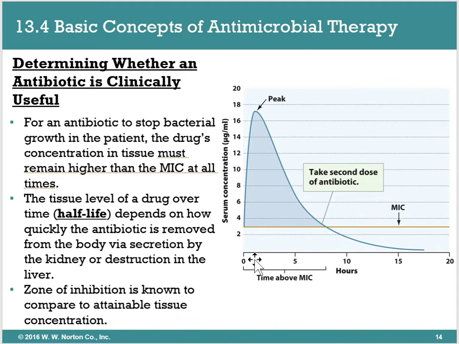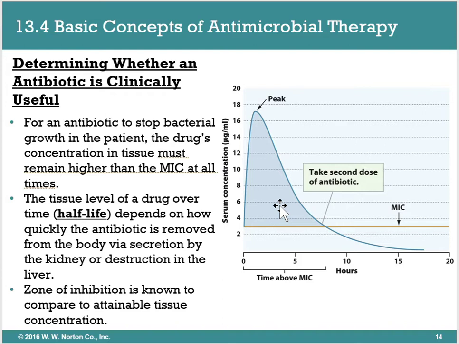You get a peak of antibiotic, but then slowly as your body metabolizes it, around hour 5 or so, you have minimal to no antibiotic therapy anymore. So that is why you take another dose so you get another peak. That is the idea of a half-life of antibiotic.